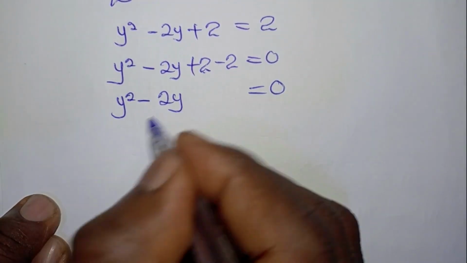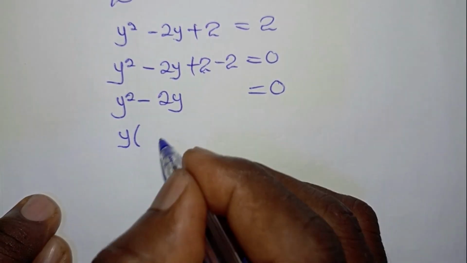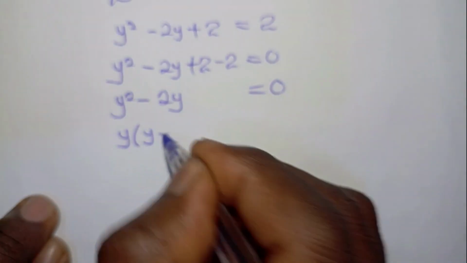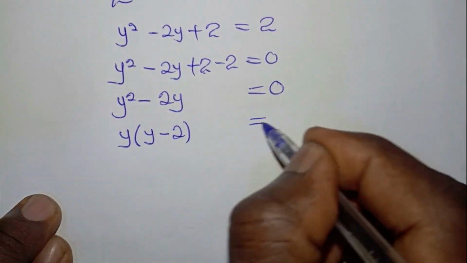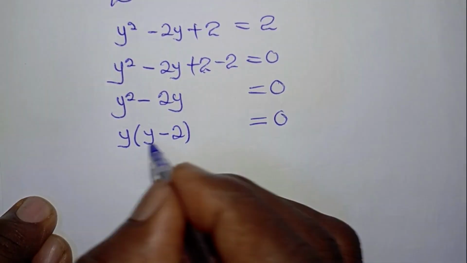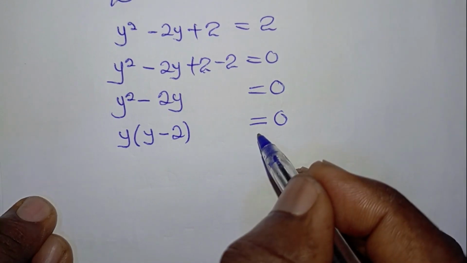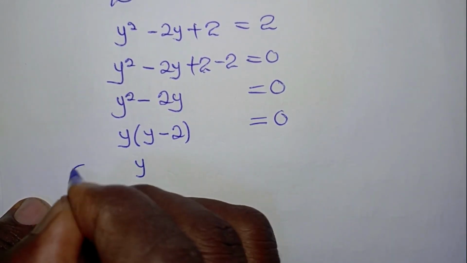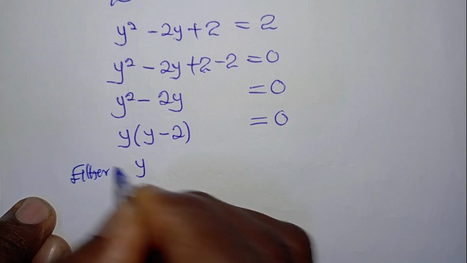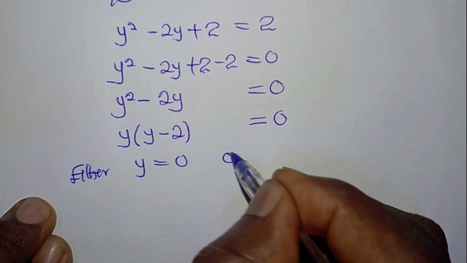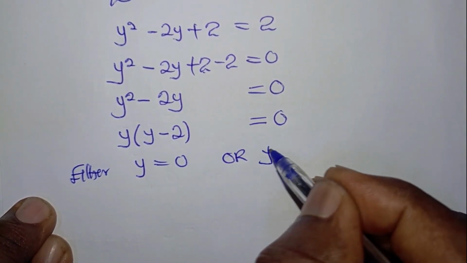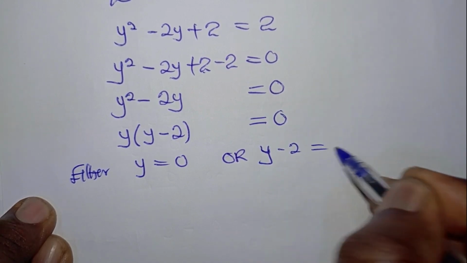So let's factorize y outside here. So we have y, brackets open, y minus 2 equals 0. So here we use the zero product rule. We can see that either y is equal to 0 or y minus 2 is equal to 0.